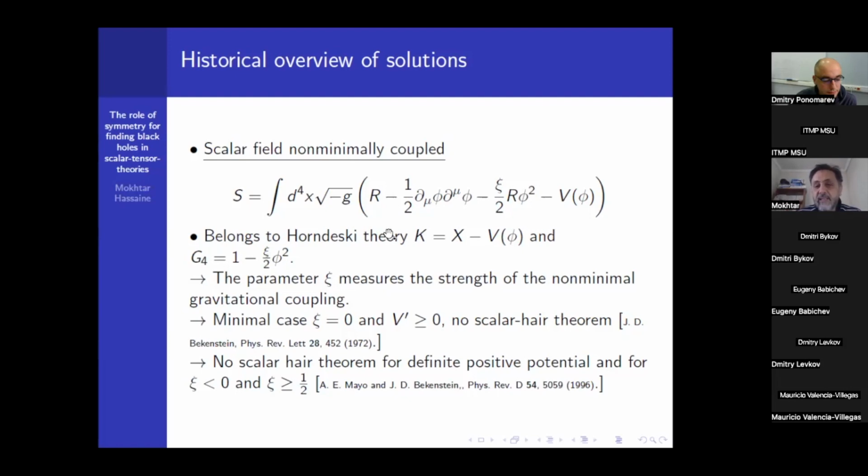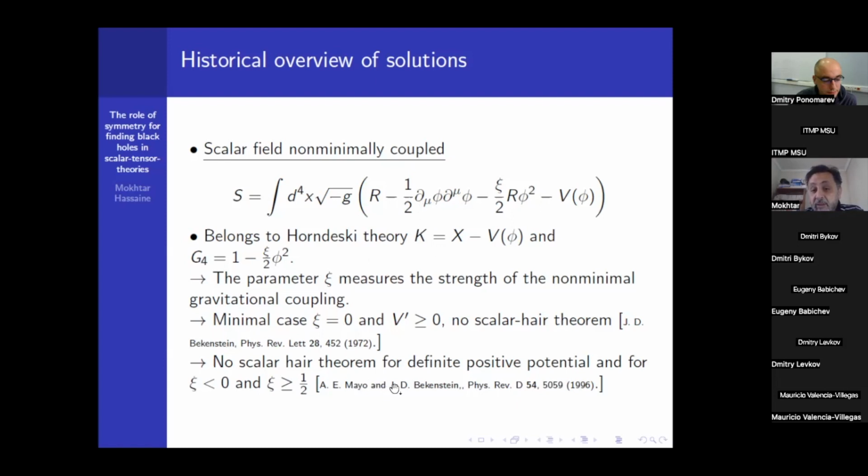In the minimal case, when we do not have the non-minimal coupling between gravity and the scalar field, and for a positive potential, Bekenstein has proved a no-scalar-hair theorem. It was already known in this case.